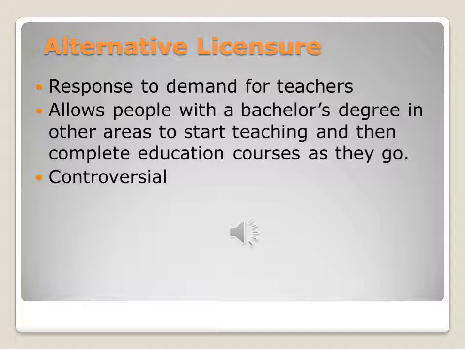Usually within the state, they have to hold a bachelor's degree in an area related to what they're teaching. Then they will complete the education or the methods classes as they're teaching. And so they have a degree, but it's just not in the field of teaching.